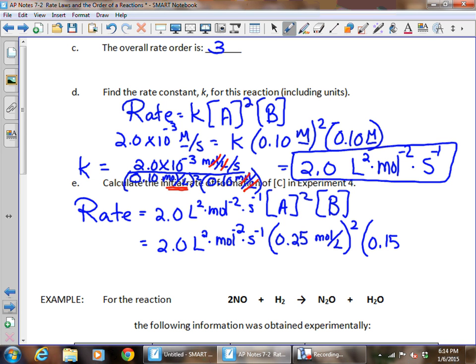Now these are all the values that are in reaction 4, remember, moles per liter.